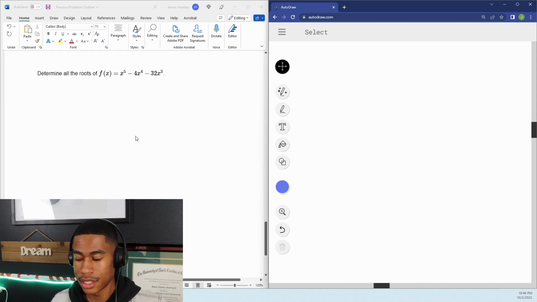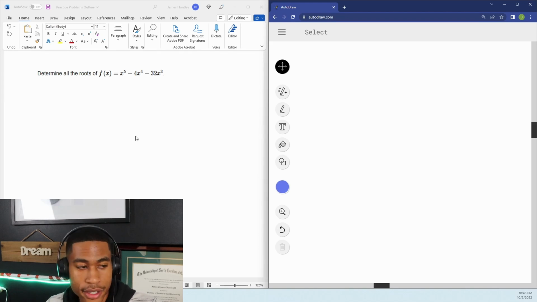Last problem is a single variable calculus problem, but this is dealing with roots. So we want to get right into it. First, we always start out with: can we use, or do we need to use, our FE manual for this type of problem? My guess is, again, no, if you understand what roots are.